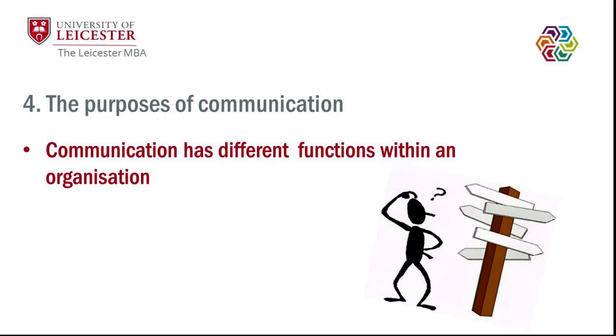Now, communication has different major functions within an organisation. Let's look at some key ones. Firstly, communication controls behaviour. All organisations have formal systems, rules and regulations that employees are expected to follow. But simply that they are in existence is not in itself adequate.